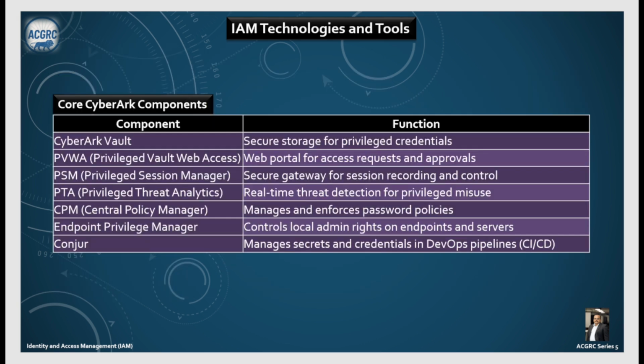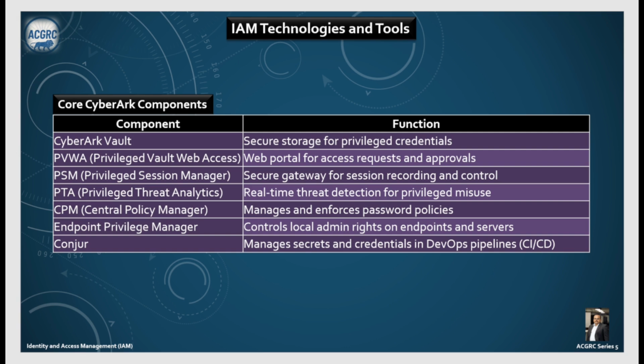What are the different components? Well, it has CyberArk Vault, which helps in securing storage for privileged credentials. It has Privileged Vault Web Access, which is a web portal for access request and approval. It has Privileged Session Manager, which is a secure gateway for session recording and control. It has Privileged Threat Analytics, which is real-time threat detection for privileged misuse.